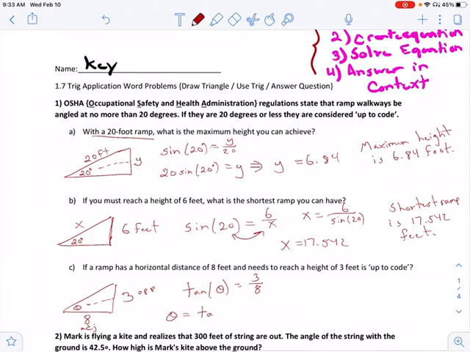On my right-hand side, I have the inverse tangent of 3 over 8. Heading to my calculator, I can do second tangent, 3 divided by 8, and I'm figuring out here that theta equals 20.556. So this is not up to code.